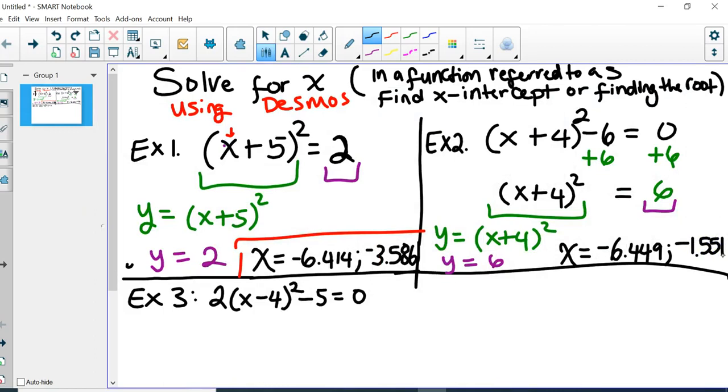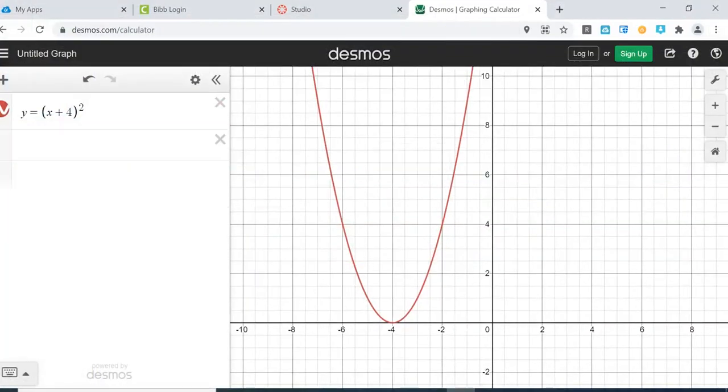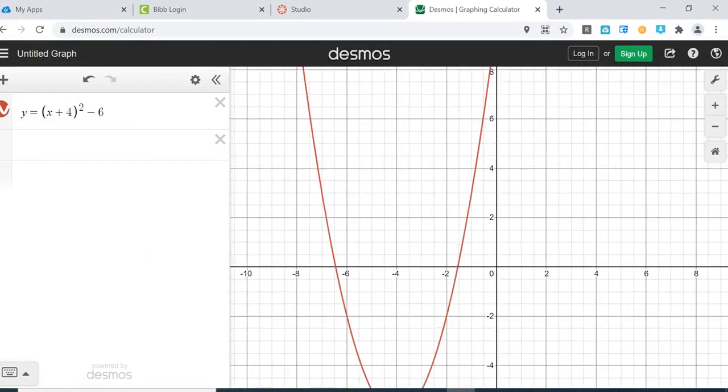That means if I was to graph (x + 4)² - 6, it's going to have an x-intercept at those points. So let's check it. So when I graph it, I see where it touches the x-axis is at negative 6.449 and negative 1.551. Okay.